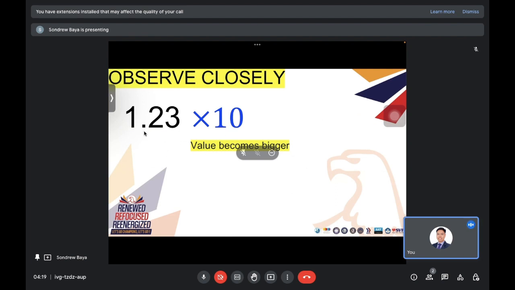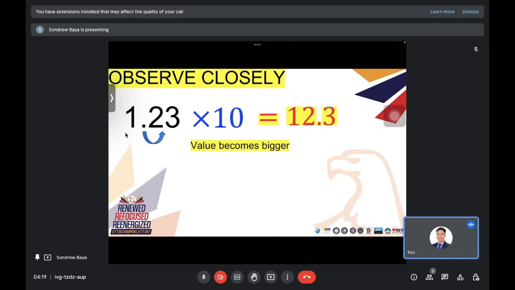Therefore, where should I move the decimal? Very good. It should be moved to the right. Again, multiplying by 10, we expect the value to become bigger. And the technique is just to move the decimal for multiplying by 10. Therefore, the direction should be towards the right. So that from 1.23, it becomes 12.3. Okay?